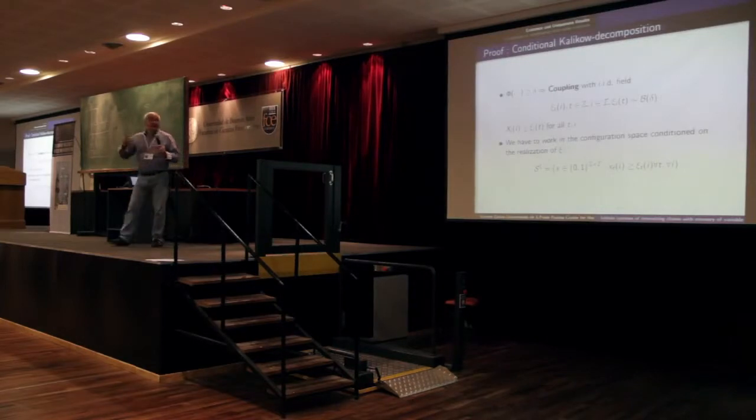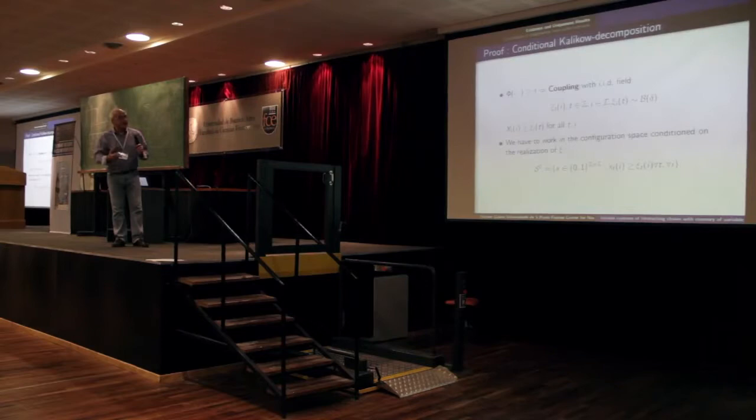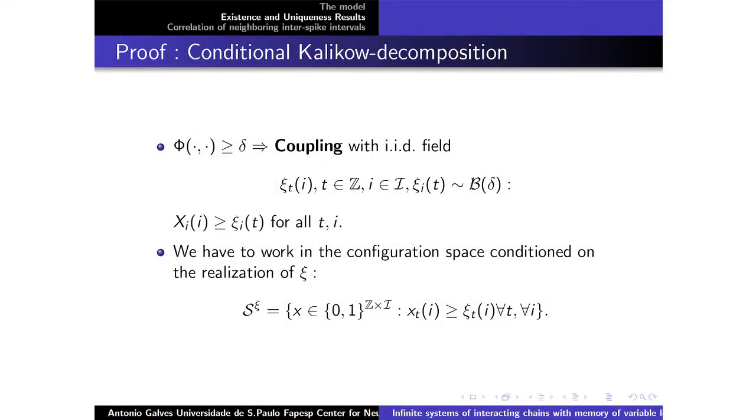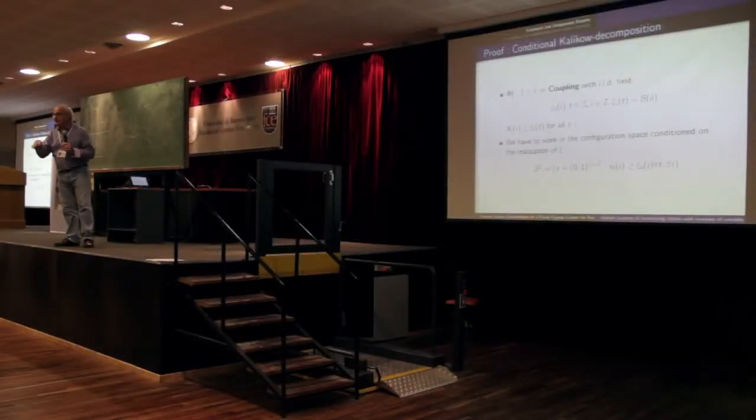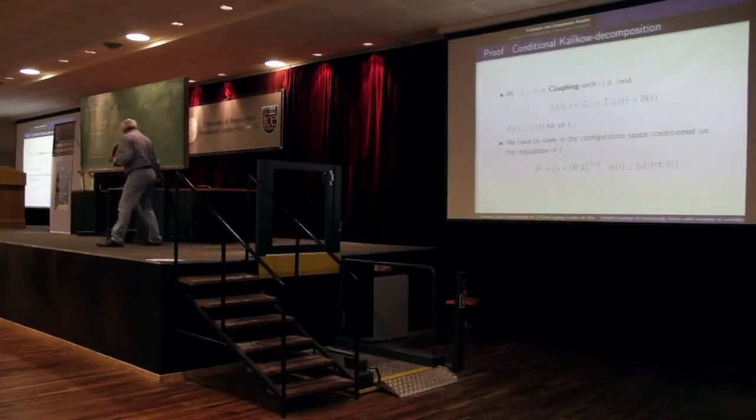So what is new here, technically, is to condition on the set of spontaneous spiking activity given by the delta. Remember, you have a delta, which is a probability of having a spike, whatever your potential is. So we use this to make a new decomposition.